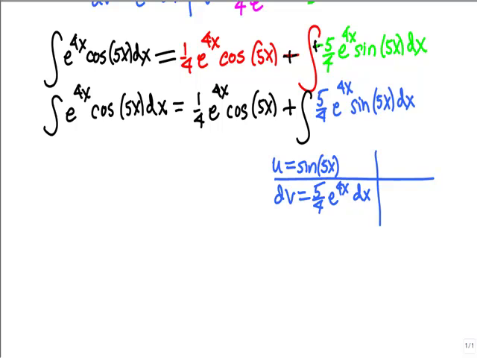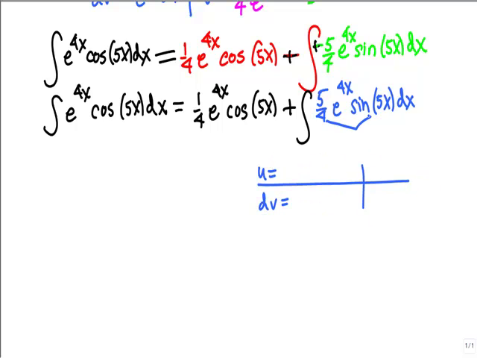But actually, what I'm going to do, everyone, I think I want the 5/4 to be with the sine. Okay, so I would like to always put, it's easy with derivatives, always put the constant with that term. So I'm going to let u be 5/4 sine 5x, u is the trig, dv then is e to the 4x dx.